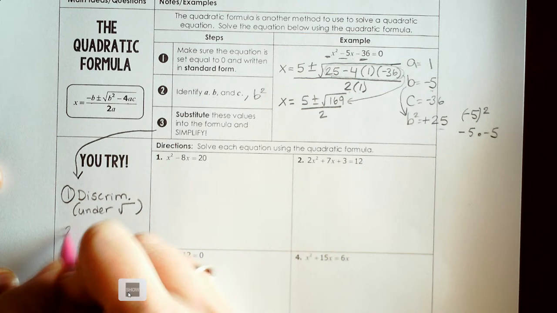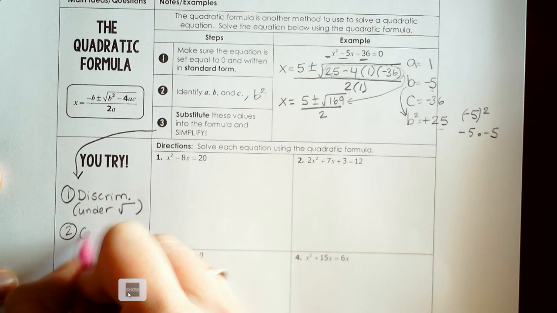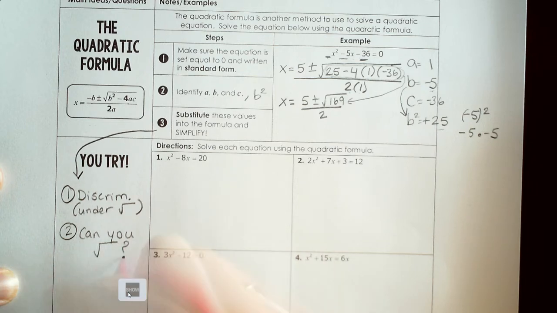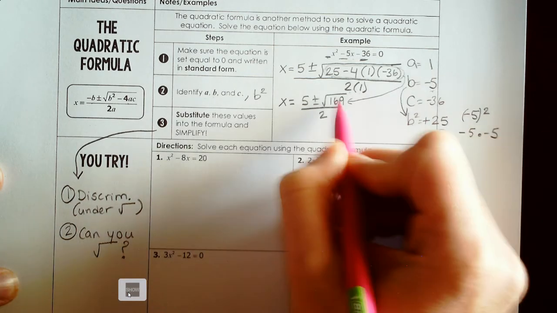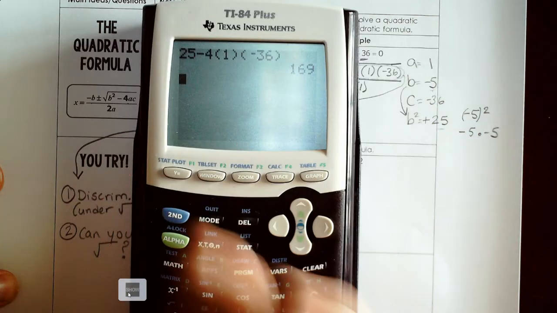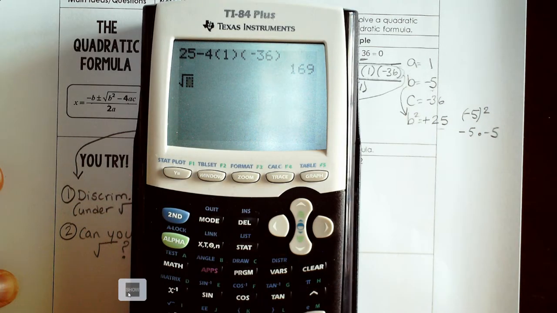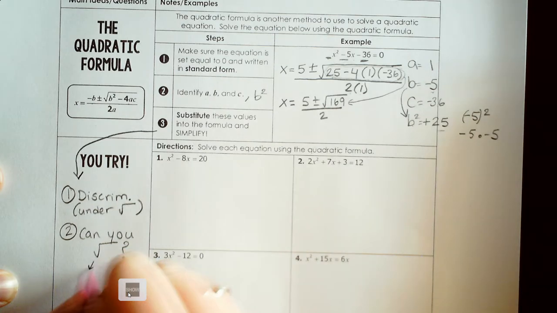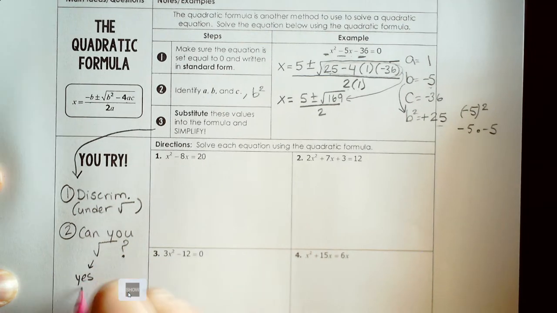All right, after that, your second step is, can you square root? So can you take the square root of 169? So let's see. I'm going to take the square root of 169. It gives me a whole number, gives me 13, so yes, I can. If it's yes, then you go to the next part.